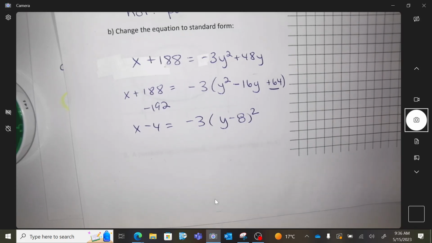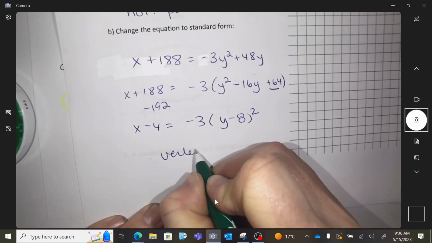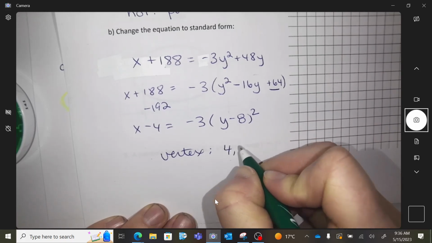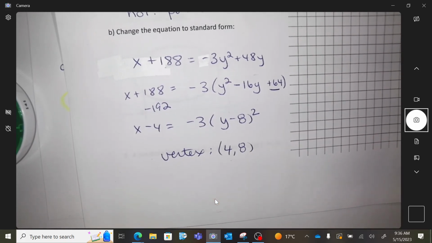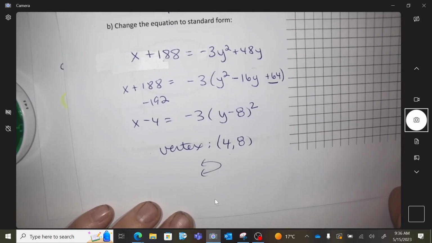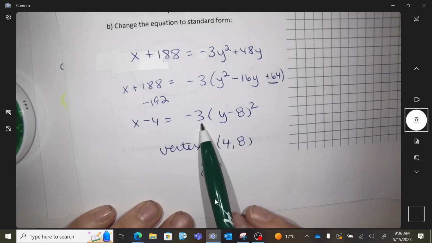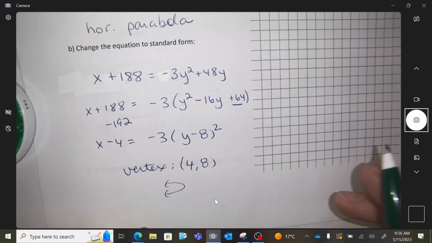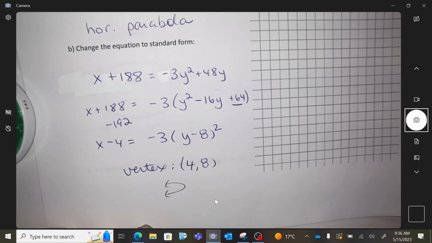There we go. So this isn't a center, it's a vertex of 4, 8. And we should be heading left because -3. Okay, so 4, 8.